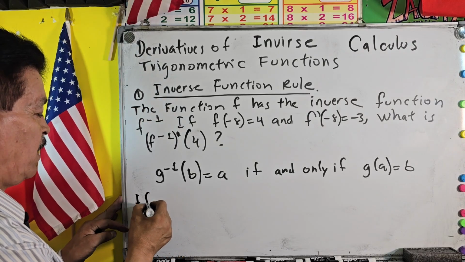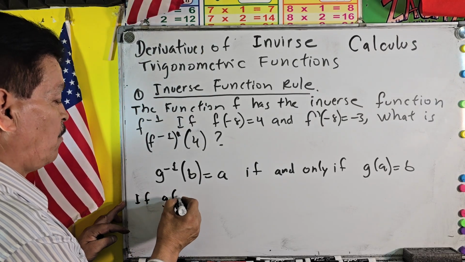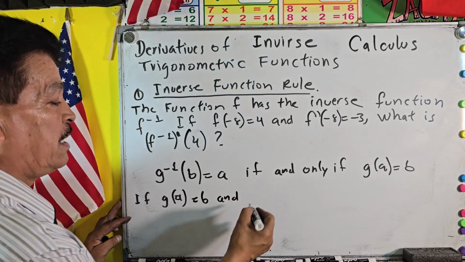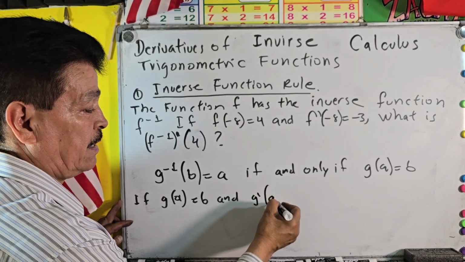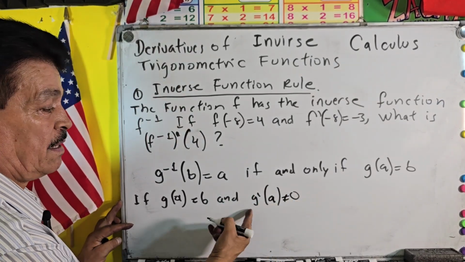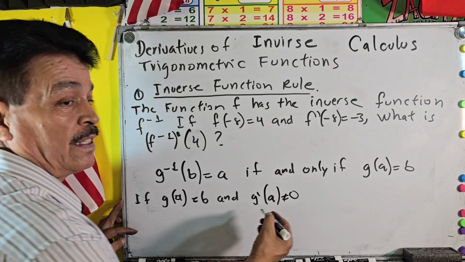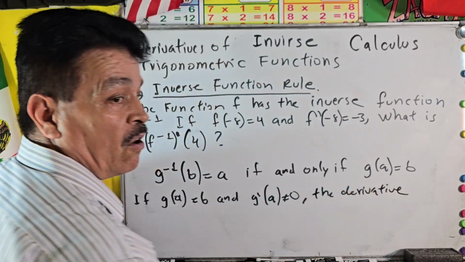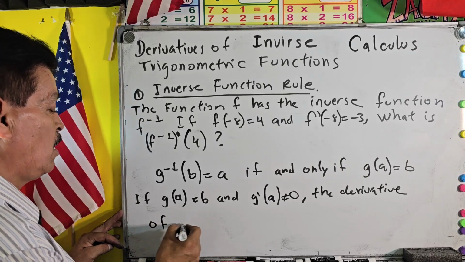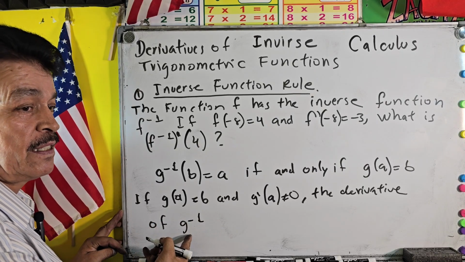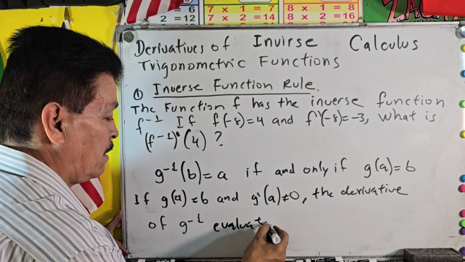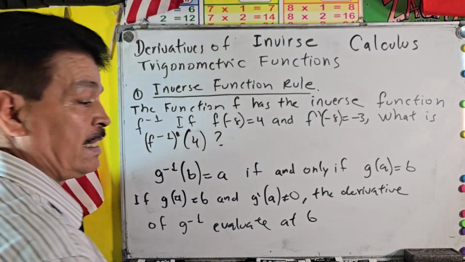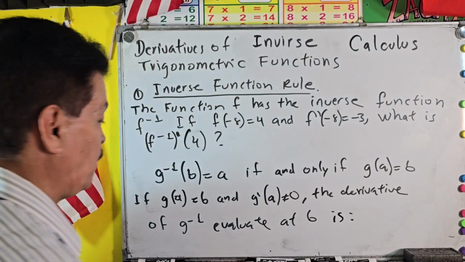So if g of a equals b, and g prime of a is different from 0, of course this is the derivative, then the derivative of the inverse g to the -1, evaluated at b, is given by the formula.